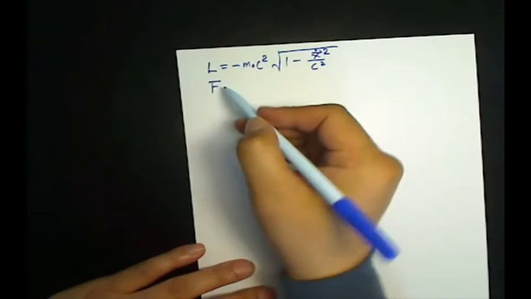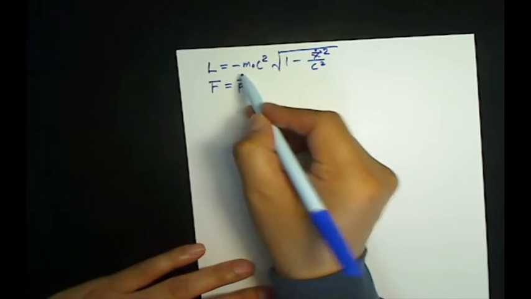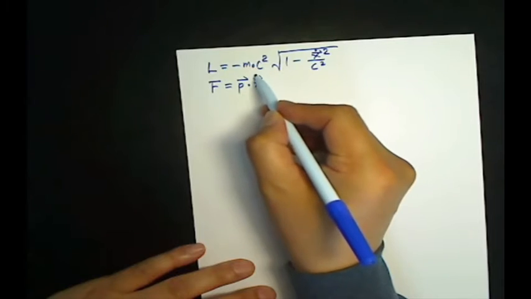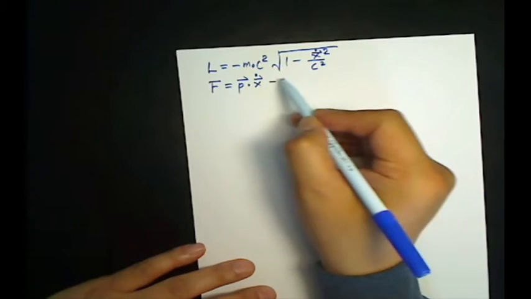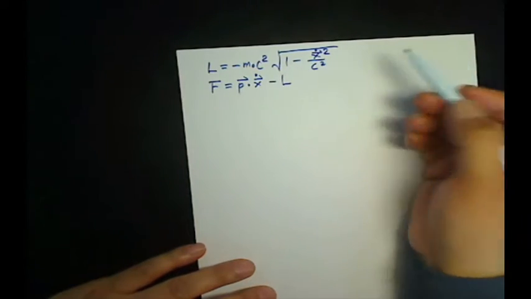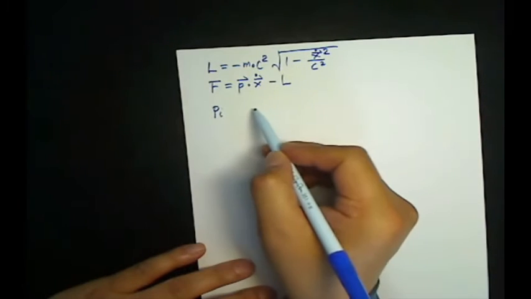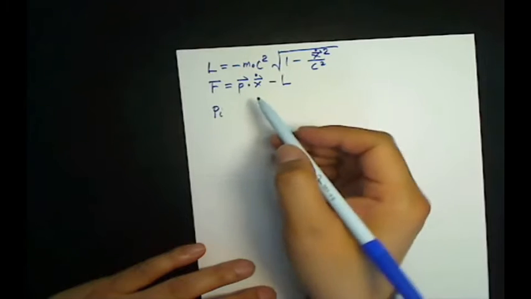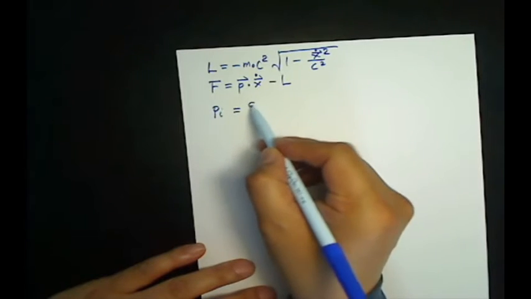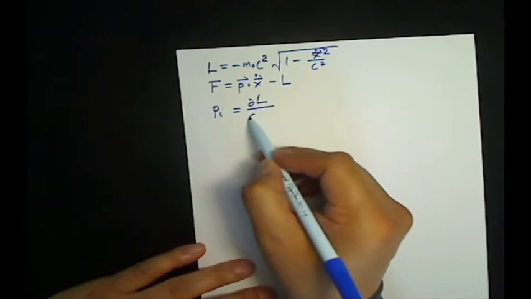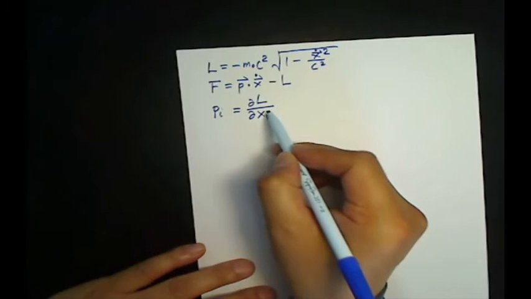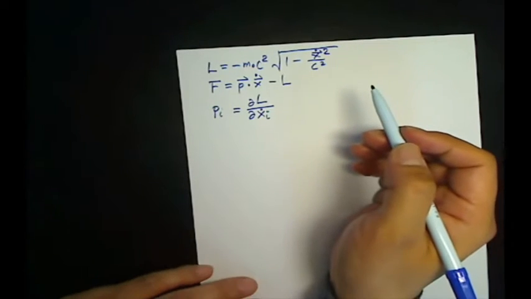The F function is p dot x dot minus the Lagrangian. We first find the conjugate momentum pi, which is the partial derivative of the Lagrangian with respect to the coordinate time derivative.